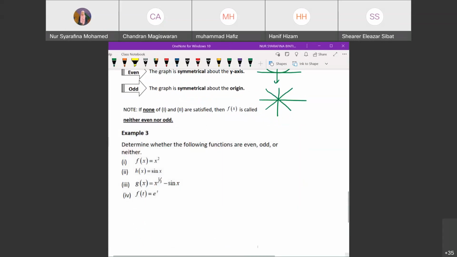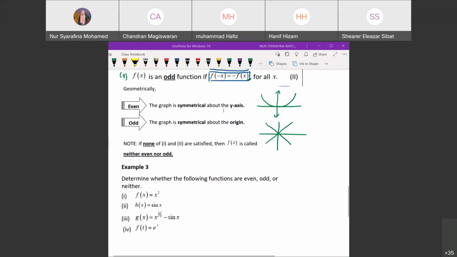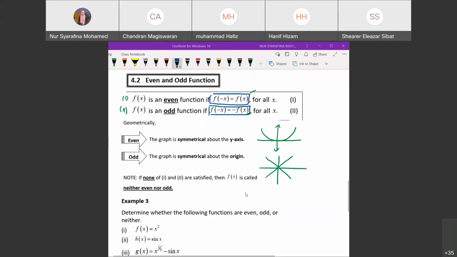Determine whether the following functions are even, odd, or neither. Okay, so let's use the definition first. f(x) equals x squared. Is it even, odd, or neither? So how can you use this definition? You substitute x with negative x. If you obtain f(x), then it is even. If you obtain negative f(x), then it is odd.